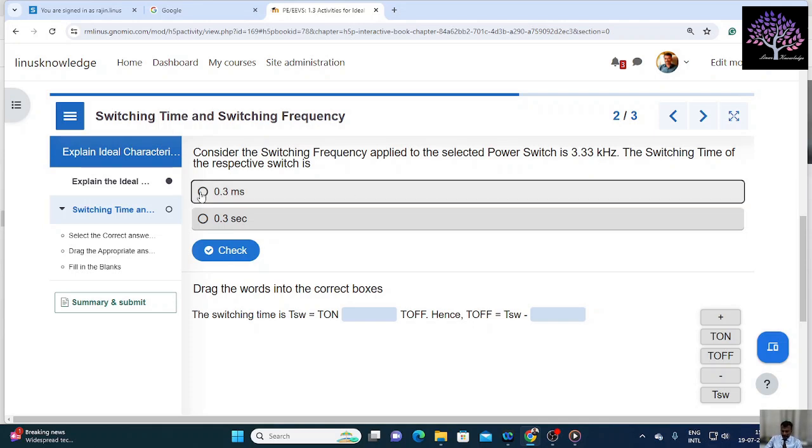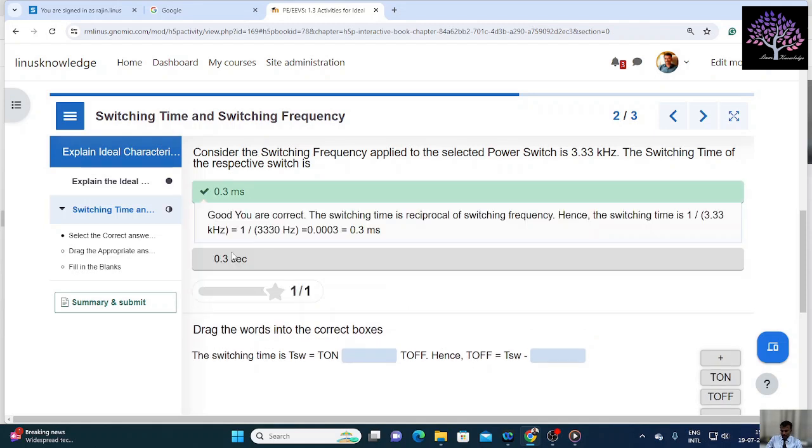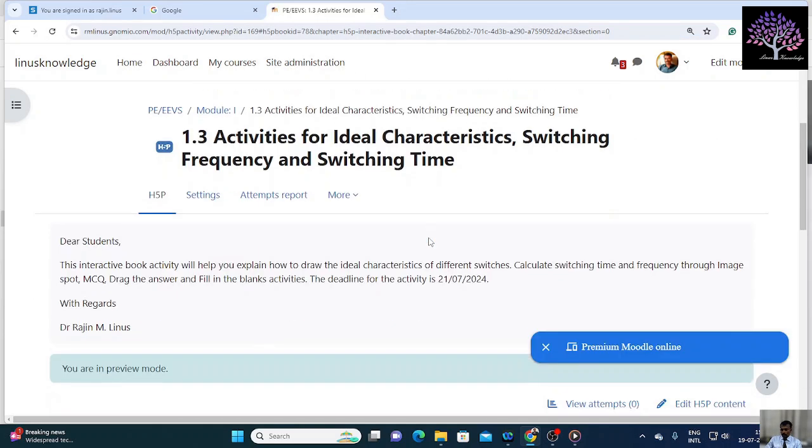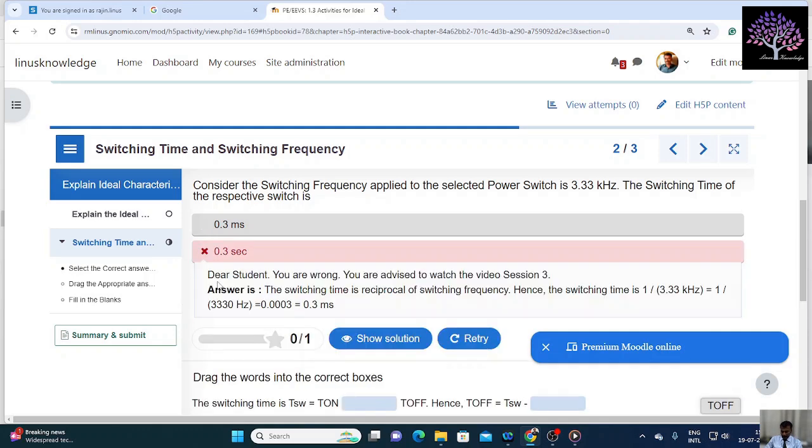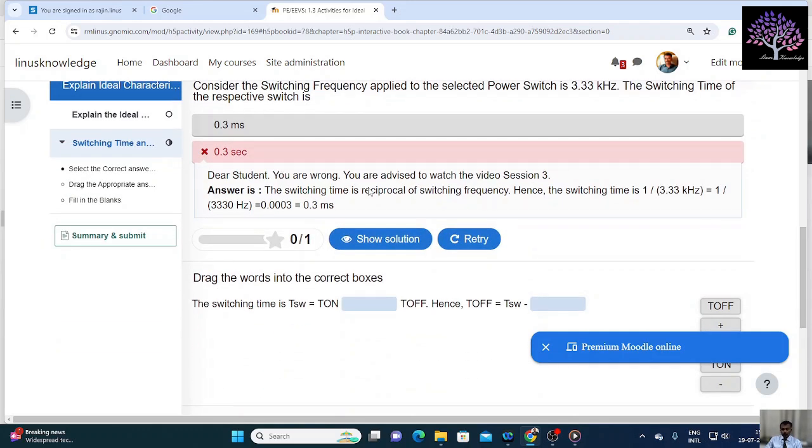If you click this and check the answer, you will get the correct feedback: good, you are correct, with the steps to find the calculation of 0.3 milliseconds. If you give a wrong answer, for example 0.3 seconds instead of 0.3 milliseconds, it will be checked and say: dear student, you are wrong.